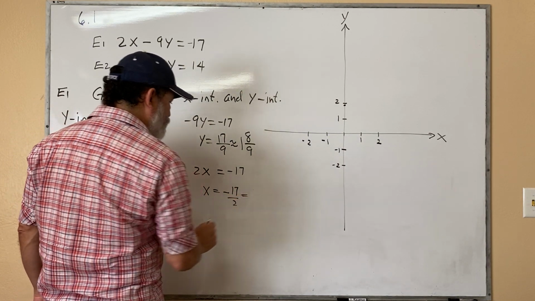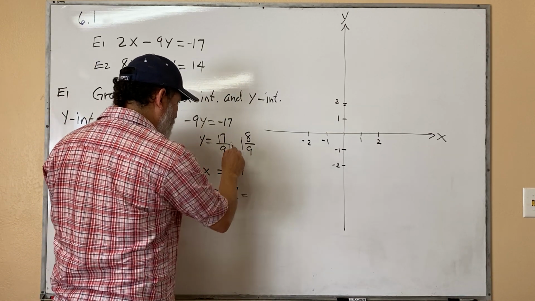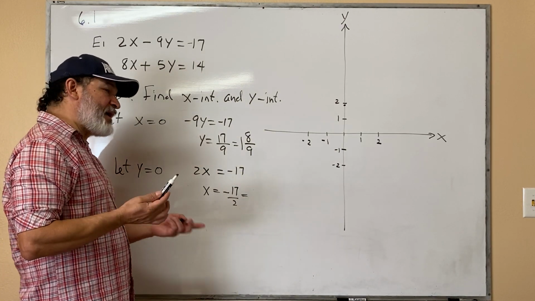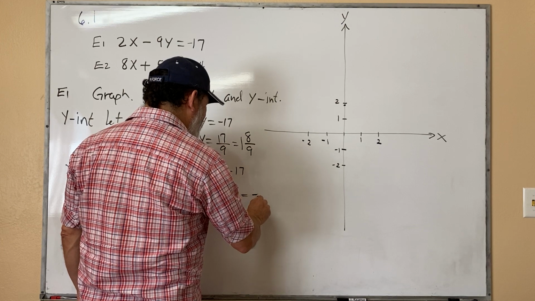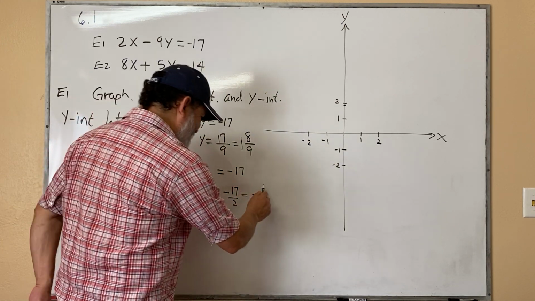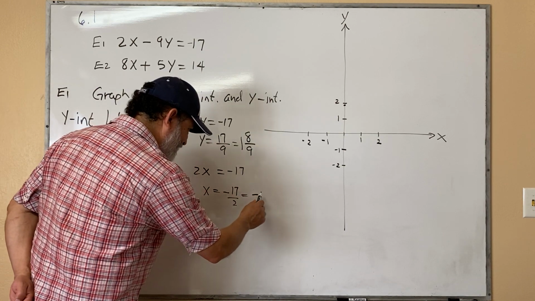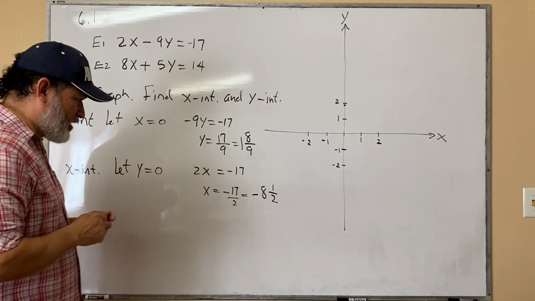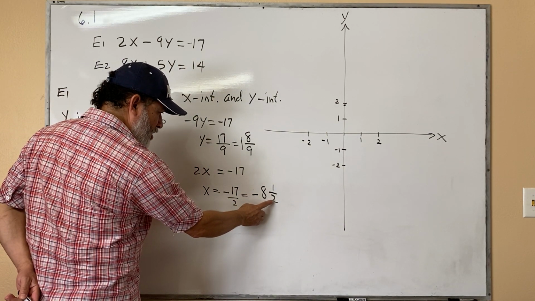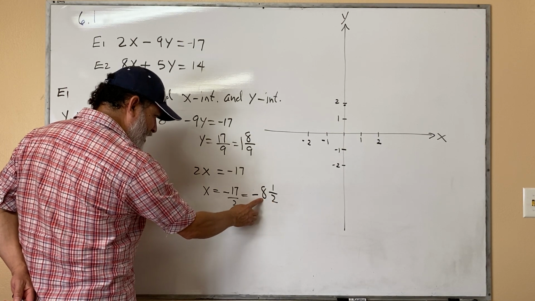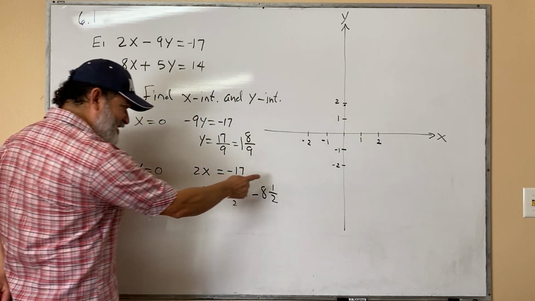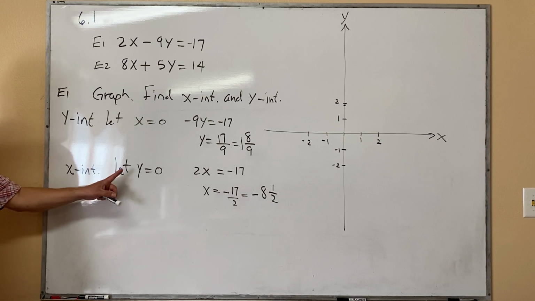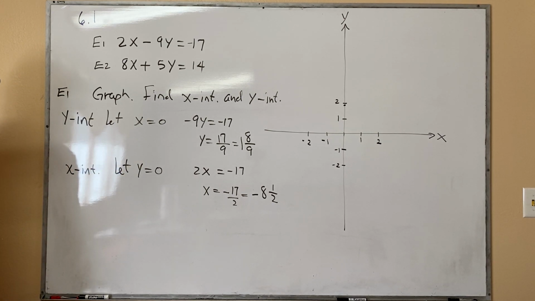How many times does 2 go into 17? 8 times, so this is negative 8.5. 2 times 8 is 16 plus 1, 17 over 2. When y is 0, x is negative 8.5.